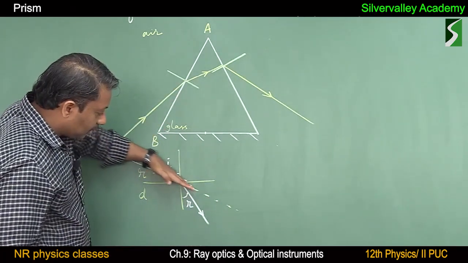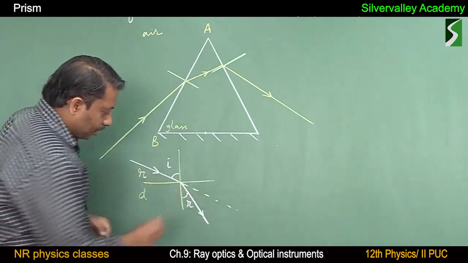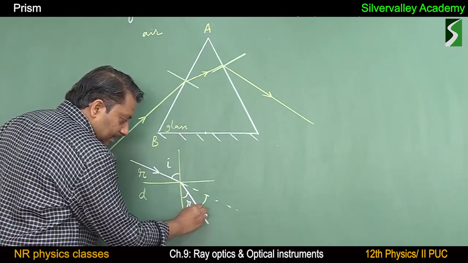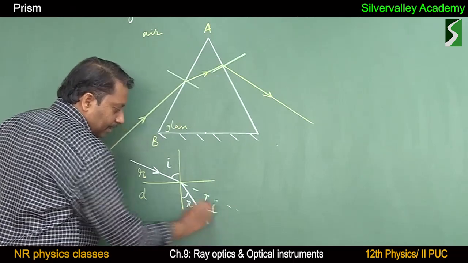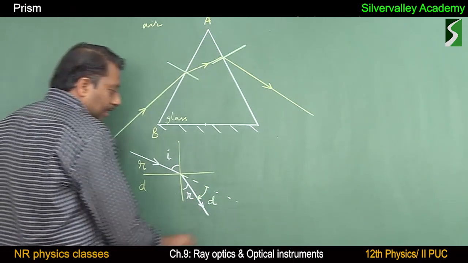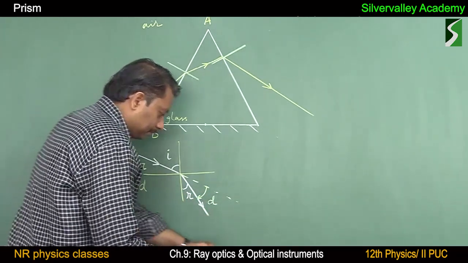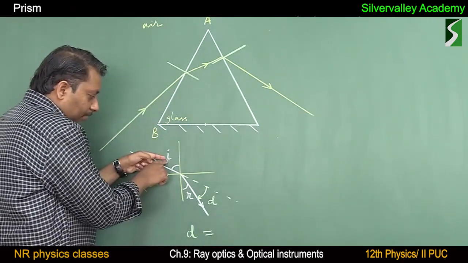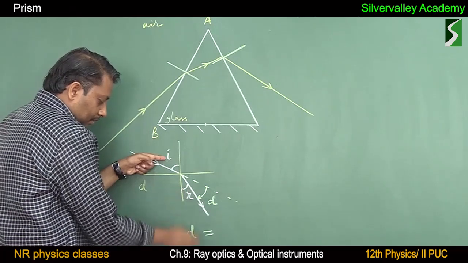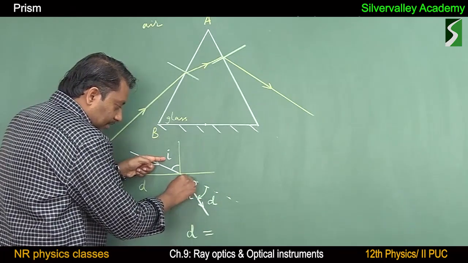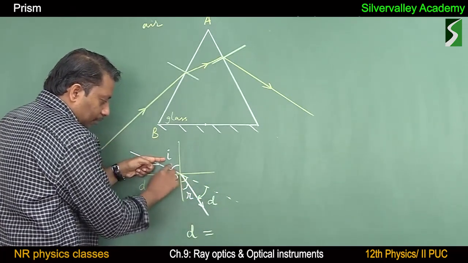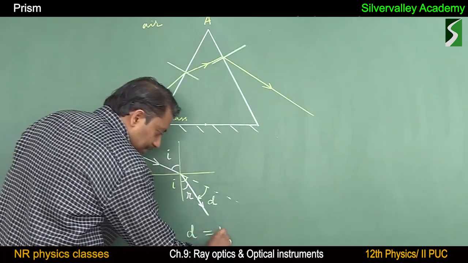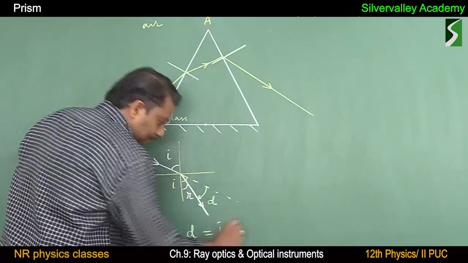In this direction, light is supposed to travel, and this bending, this angle is deviation, denoted by D, and deviation is given by I minus R. This total angle is I, vertically opposite angles. So deviation is I minus R.